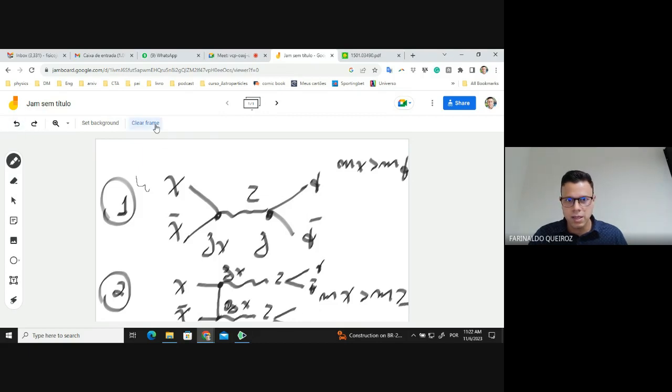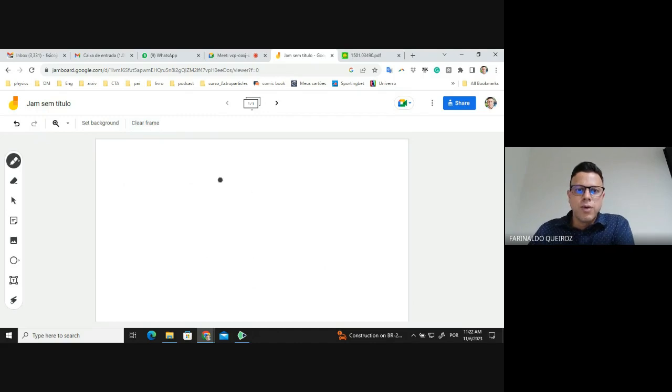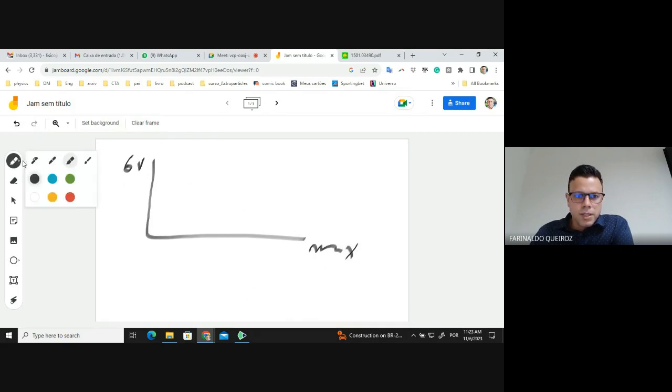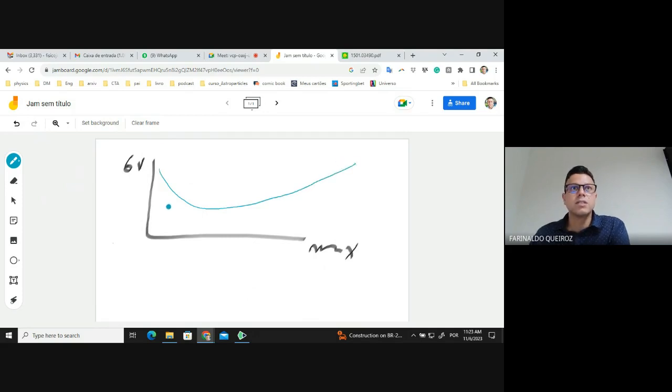Can I clear frame? So when I have this limit, sigma v over mass, it happens because there is an assumption that they make in order to take this value, right? So the limits on sigma v are like this, similar to those from direct detection, but not the same.